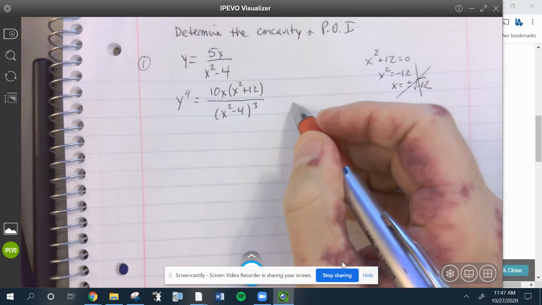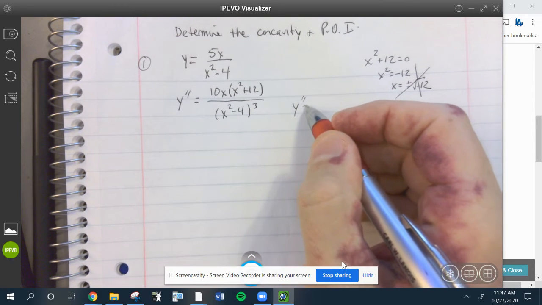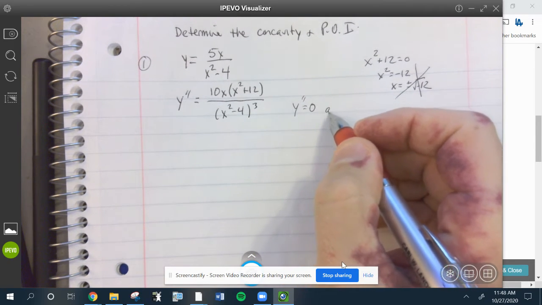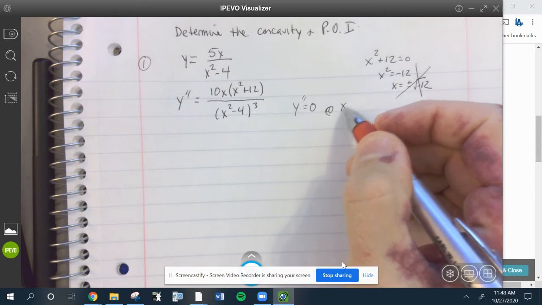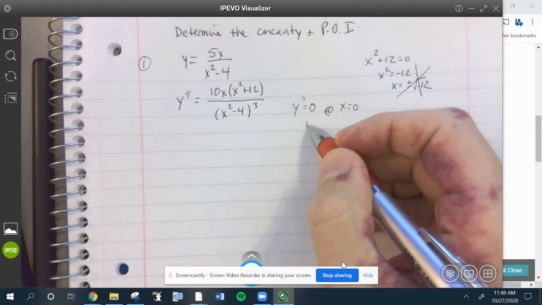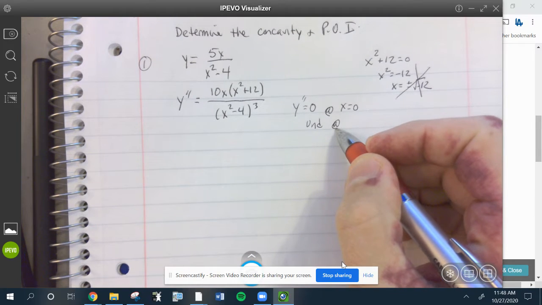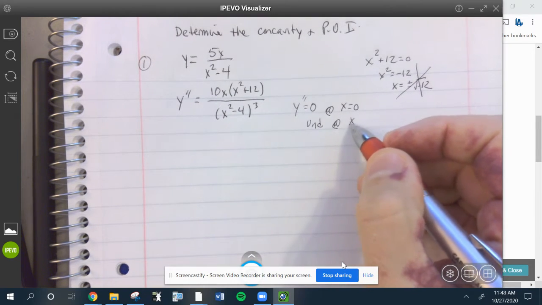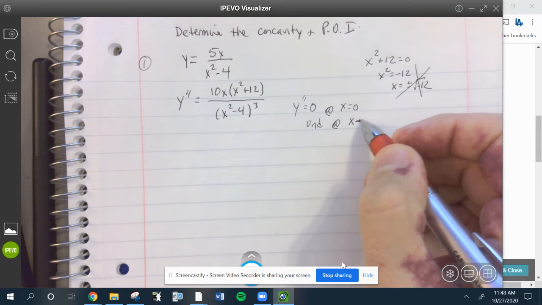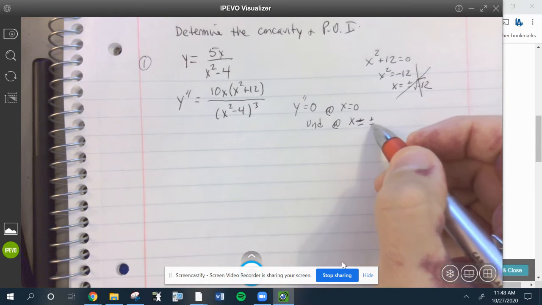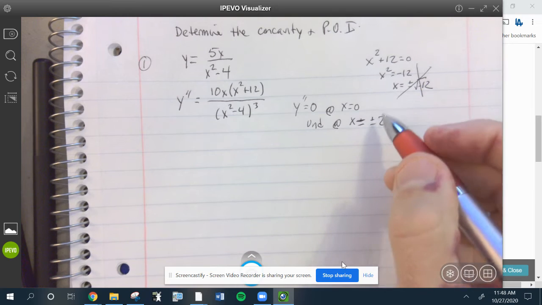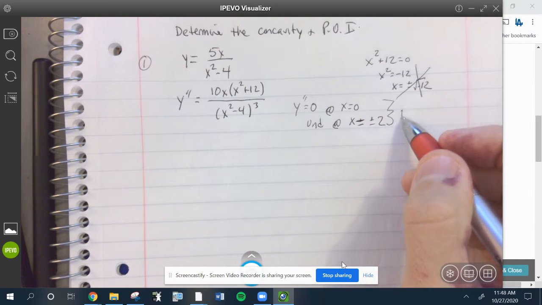So y double prime equals 0 at x equals 0, and it's undefined at x equals plus or minus 2. Be careful there, those could be asymptotes. So these are your possible points of inflection.